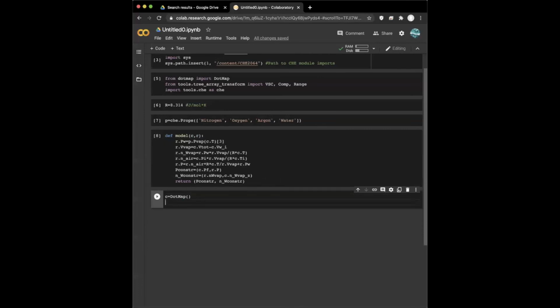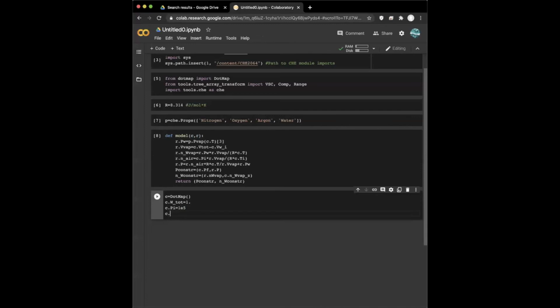And then what we want to do is something like C equals dot map. So we're going to assign some values. We're going to say C dot W underscore total equals 1, which stands for the 1 kilogram of water. We've got C dot P I, and that'll equal 1 times 10 to the 5th, which would be our initial pressure in pascals. So that's 100,000 pascals.